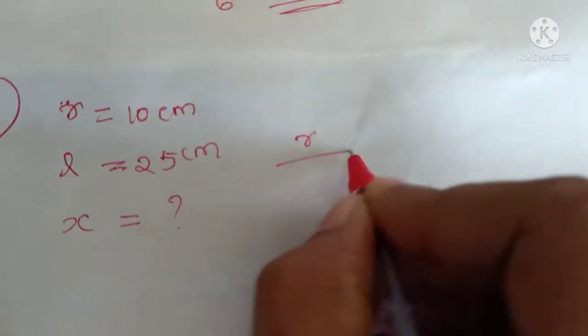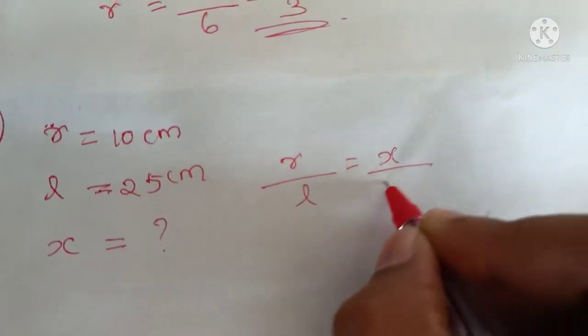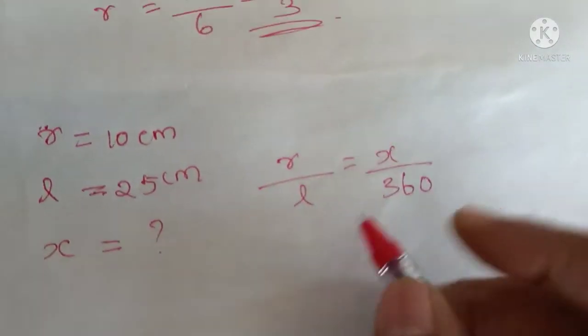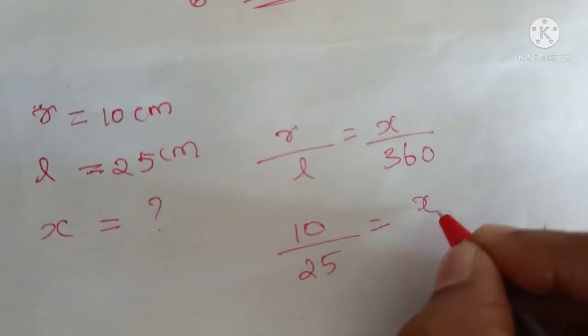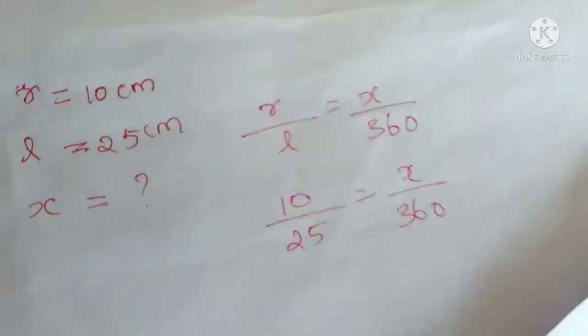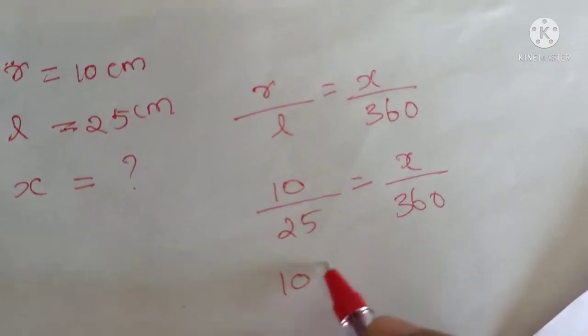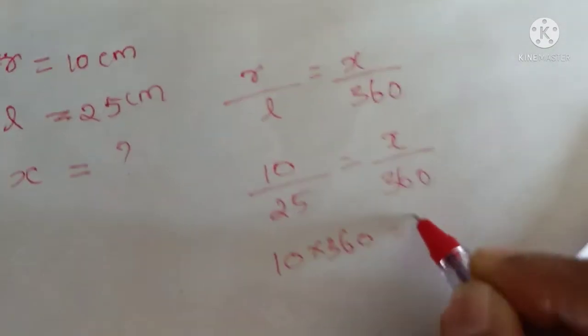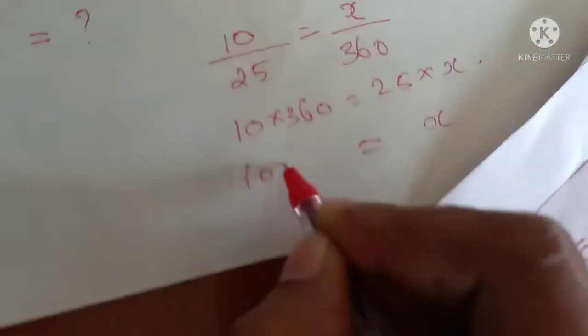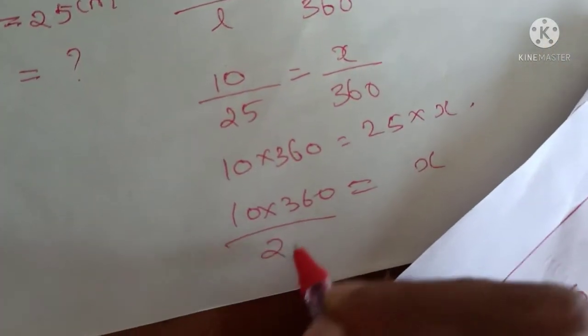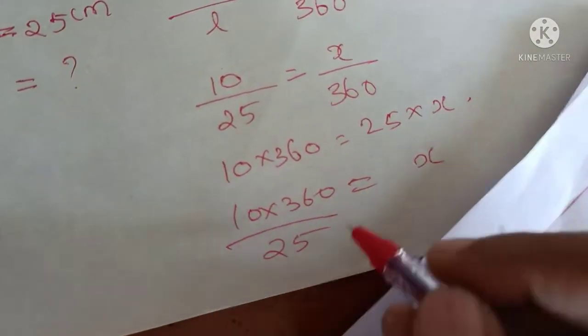So what is the relation between them? r by l is equal to x by 360. Just substitute these values, that is 10 by 25 is equal to x by 360. Just cross multiply. Then we have 10 into 360 is equal to 25 into x. From this, x is equal to 10 into 360 divided by 25.